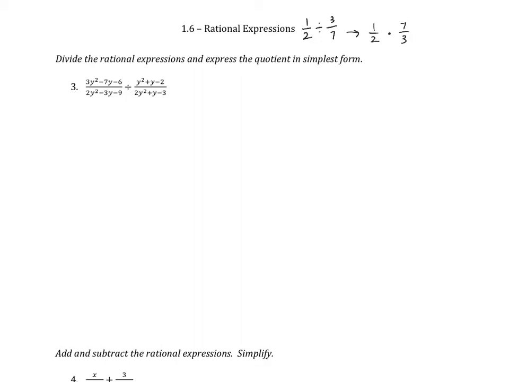So that's what we're going to do here. We're going to keep the first fraction as is: 3y squared minus 7y minus 6 over 2y squared minus 3y minus 9. Change to multiplication, and now flip the second fraction.